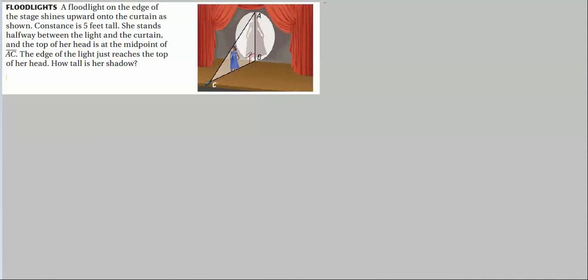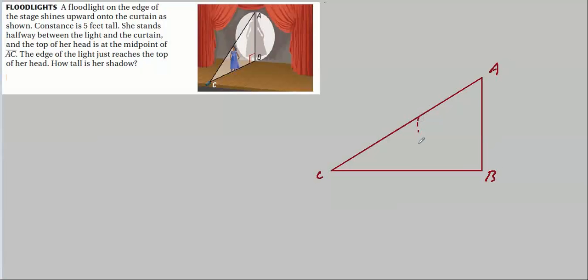We're given that she is standing at the mid-segment. So suppose I draw it more in profile. Okay, here we have this basic triangle just redrawn over here. And we have this person standing right halfway between C and B, and it turns out that her head just bisects this section, AC.